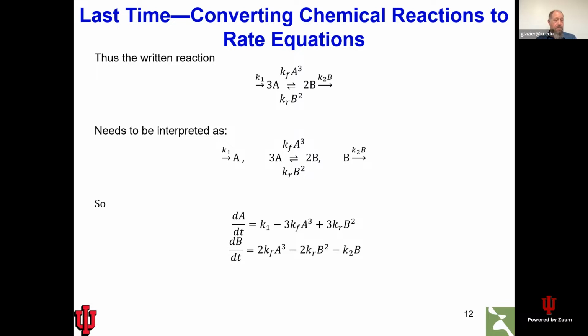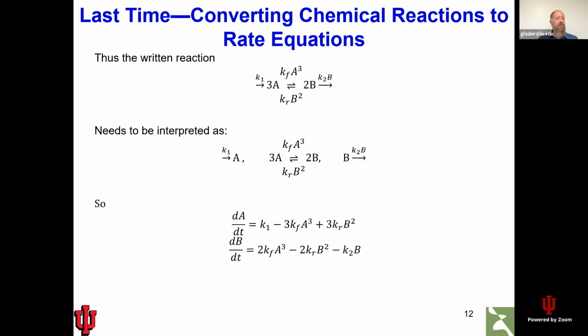The first rate law, for A, involves the concentration of A. If I destroy B, I create 3 molecules of A. And so the number that's in front here, the 3 and 3, is the 3 from the A. I can see that you might expect it would be 3 in the first one and 2 in the second one.